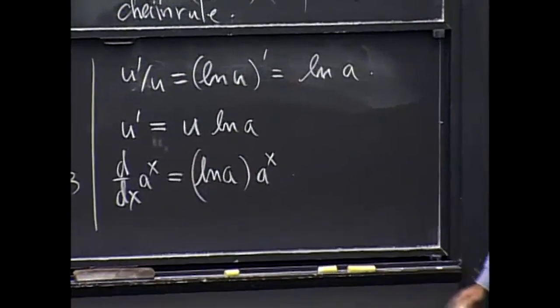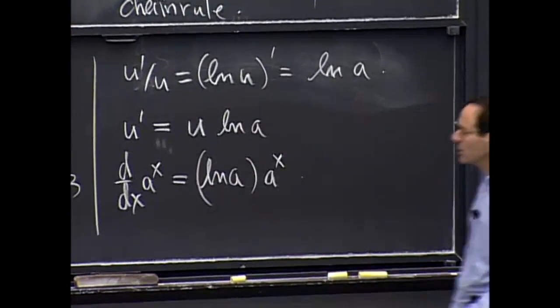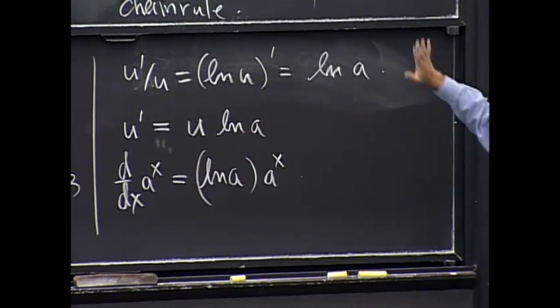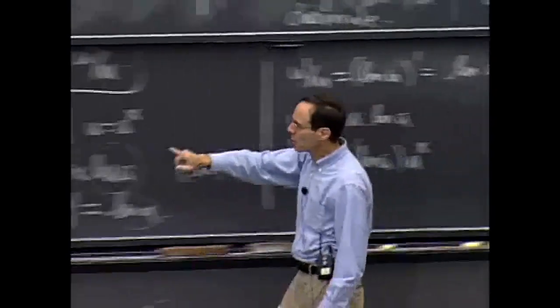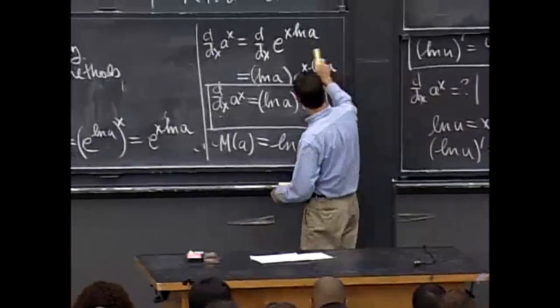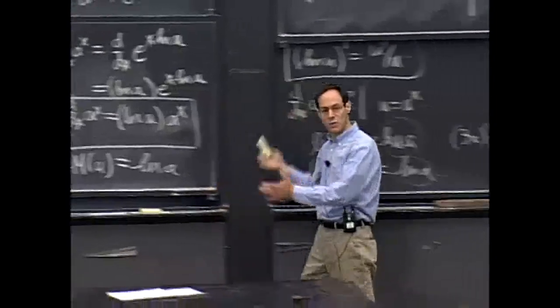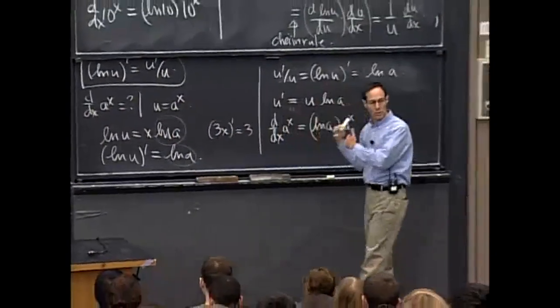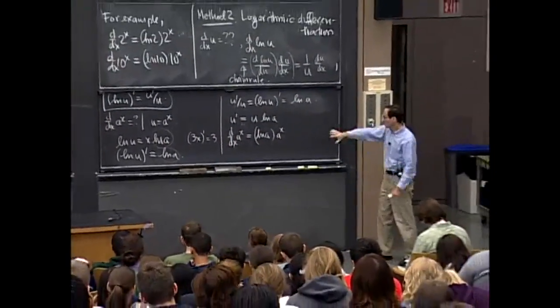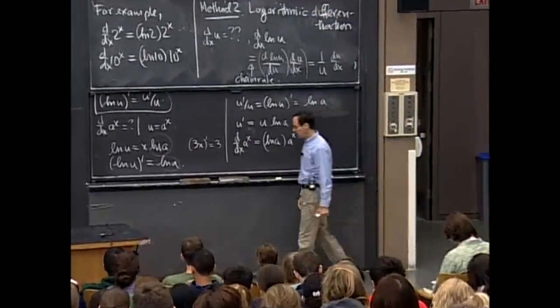All right? So this is the way that logarithmic differentiation works. It's the same arithmetic as the previous method, but we don't have to convert to base e. We're just keeping track of the exponents and doing the differentiation of the exponents and multiplying through at the end.